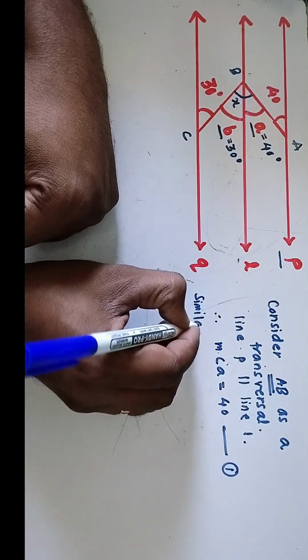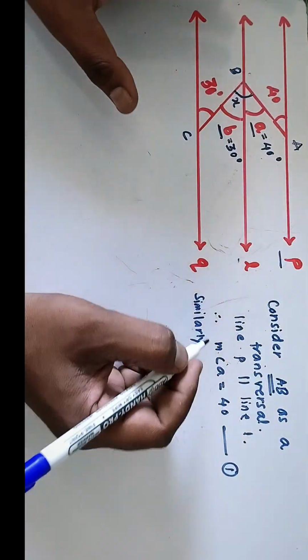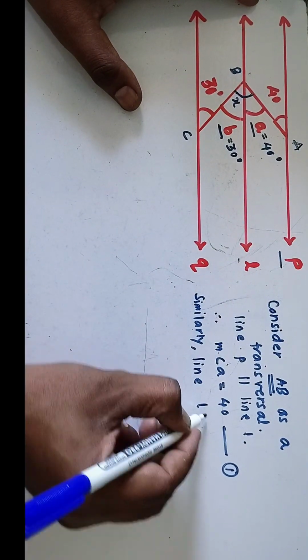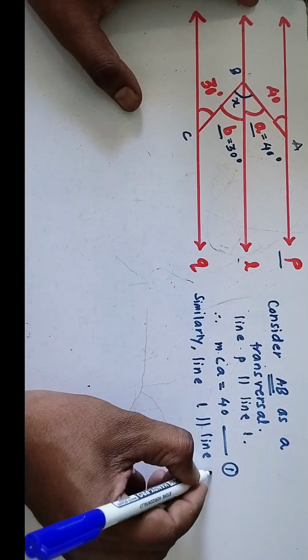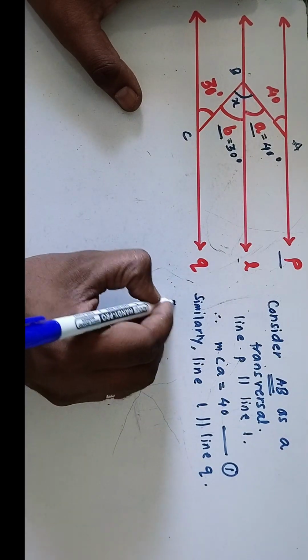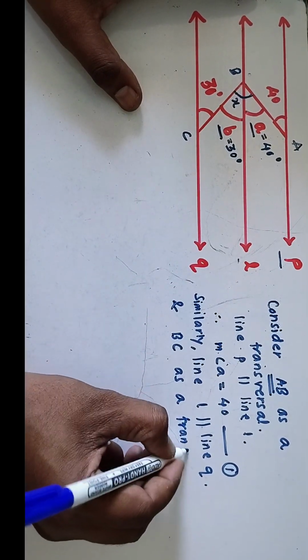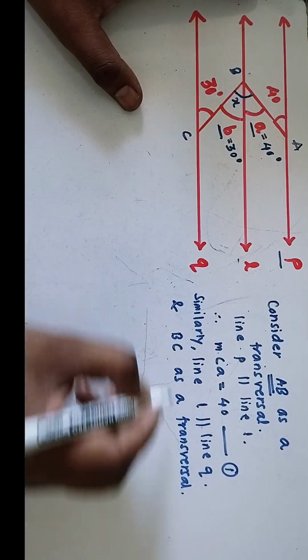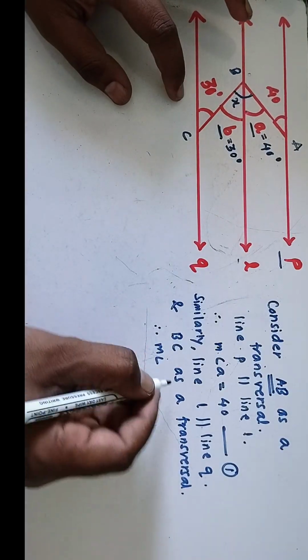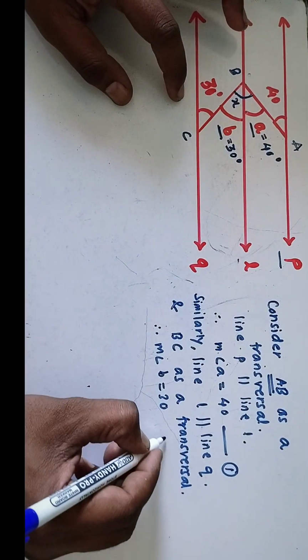Similarly, we need to consider line L parallel to line Q and BC as a transversal. We get measure of angle B equal to 30 degree.